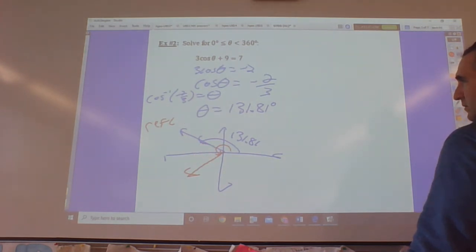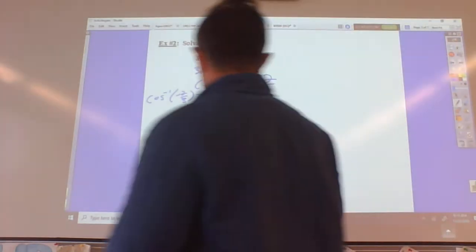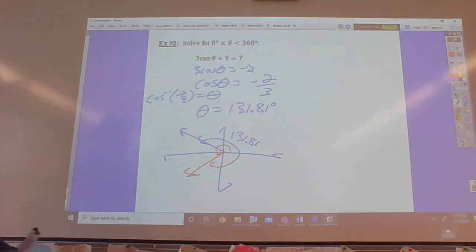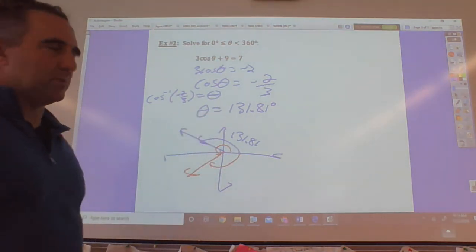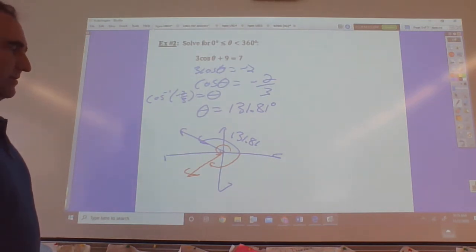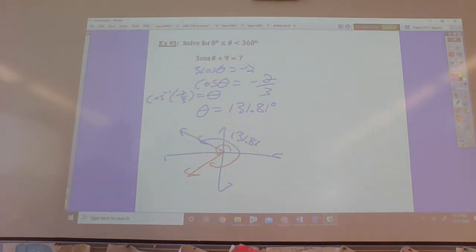If we back this up, you can see that that angle there is symmetrical to that angle up top. And so another thing that we could do is we could just subtract that from 360.